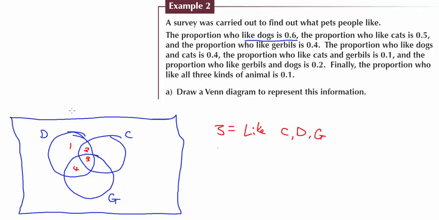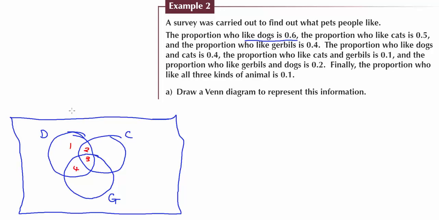But let's look at 4, just for the sake of seeing this. 4 is inside the dog circle, so they like dogs. It's also inside the gerbil circle, so they like that, but it's not in the cats circle, so not cats. Does that make sense? Okay, and that's just for context.